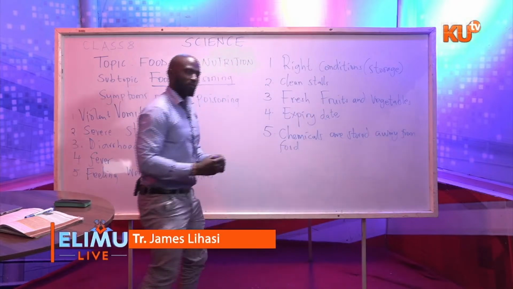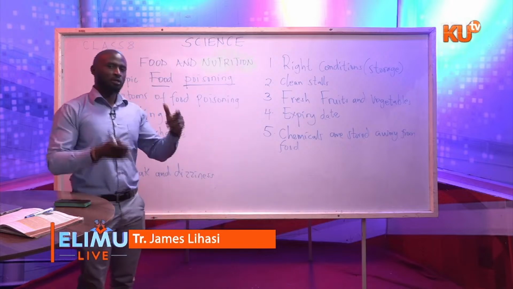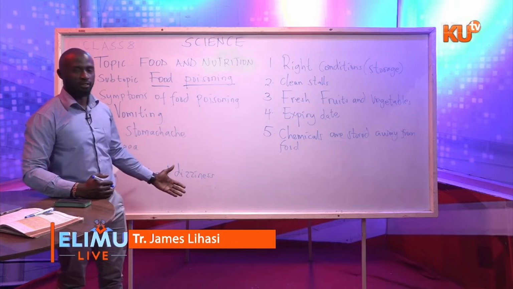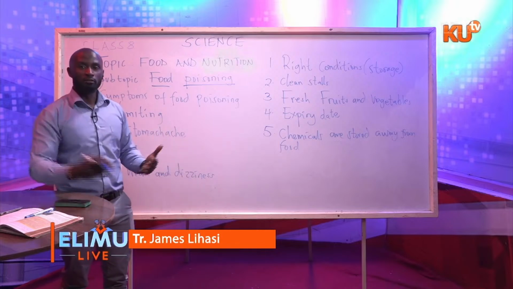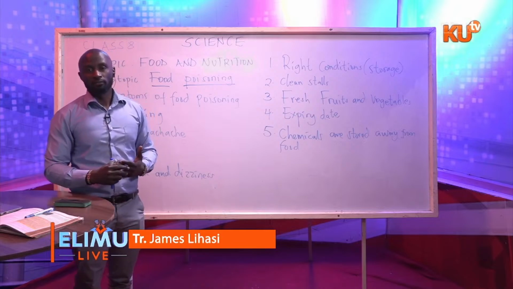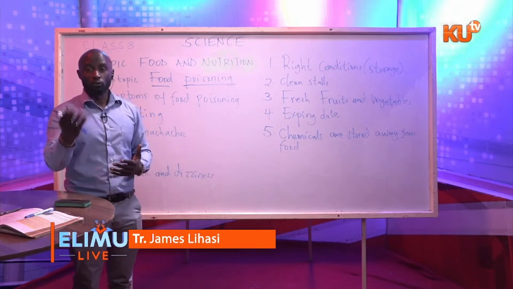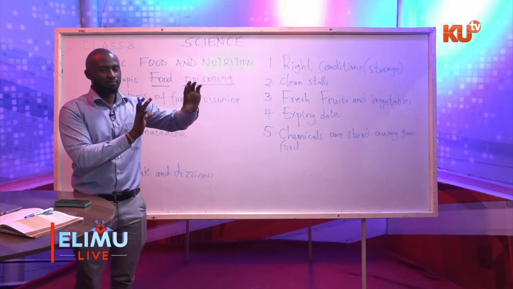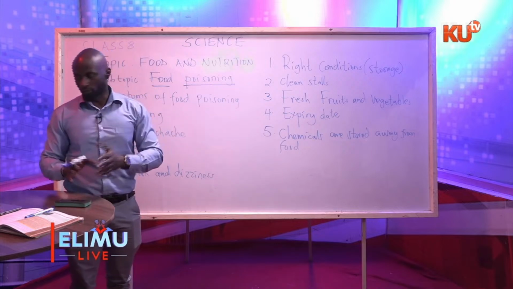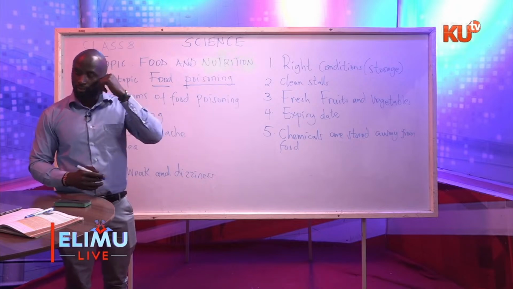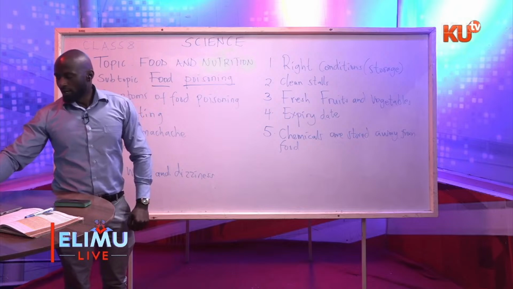And if you talk of chemicals, boys and girls, then your mind goes back to the list of chemicals that we listed here, including pesticides, herbicides, we talked of soaps, detergents. So we make sure that they're stored differently, separately from foods, and that will help us to avoid contaminating food.